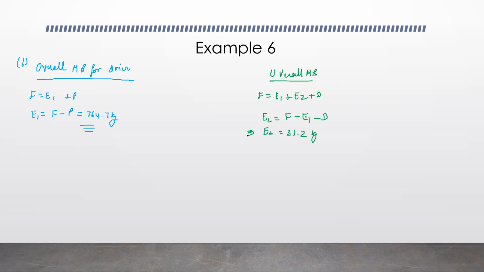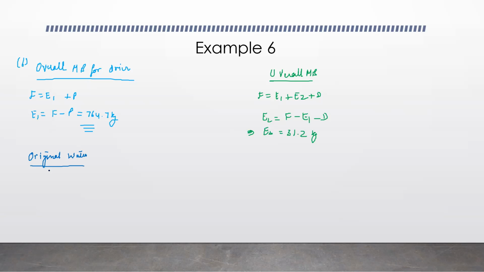So now once we have calculated the amount of water that has left the dryer as well as the oven, we are going to calculate the percentage of original water. So for that, let's find out the original water, right?